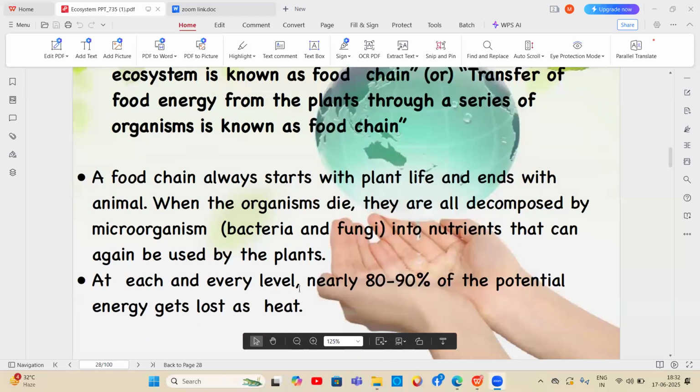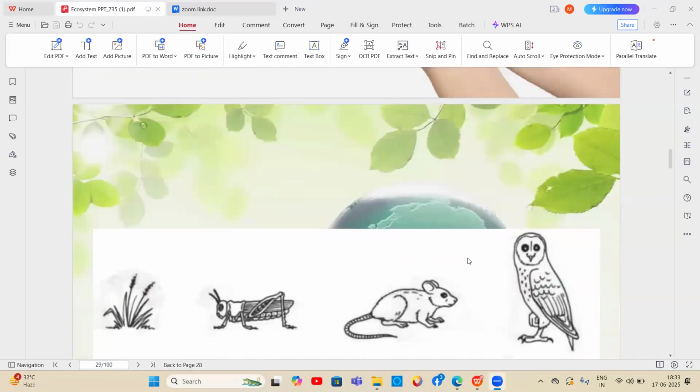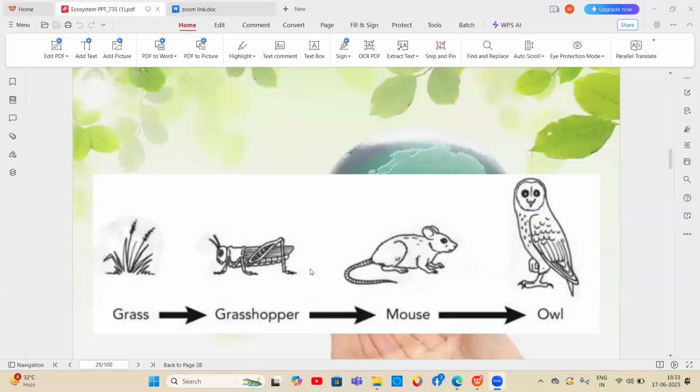At each and every level, nearly 80 to 90% of the potential energy gets lost as heat while transferring from one trophic level to another, that is, from the producers to primary consumers, and from the primary consumers to secondary consumers. Only 10% of the energy gets to the consumers.